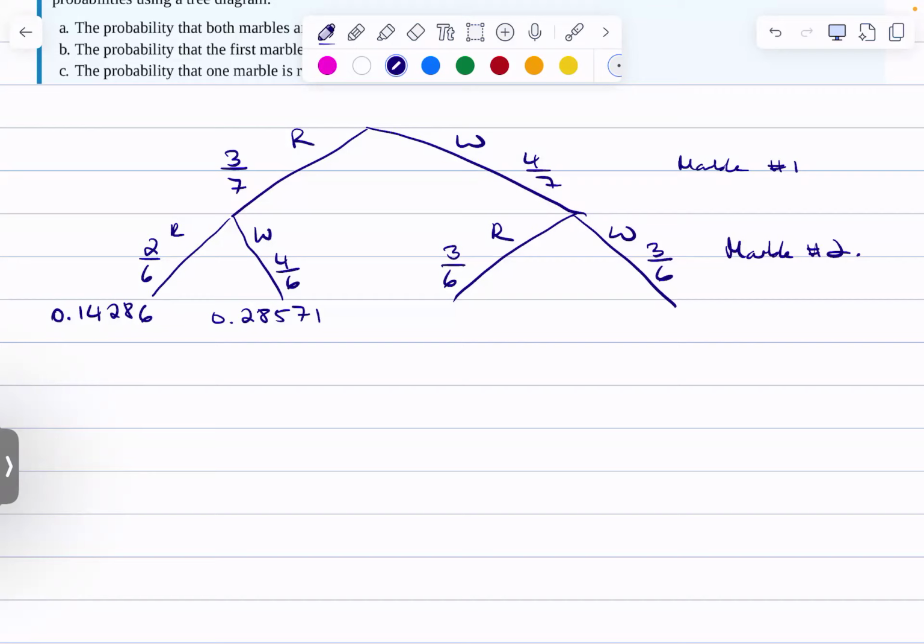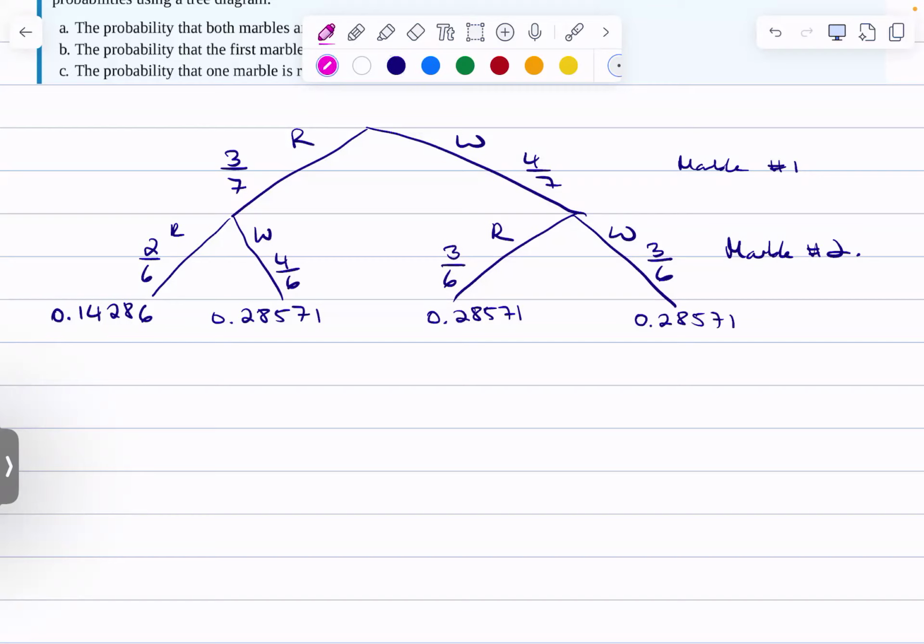Yeah, that works. 0.28571 and 4 divided by 7, not times 7, times 3/6. I get 2/7 again. Did I do that right? Yes, 0.28571.